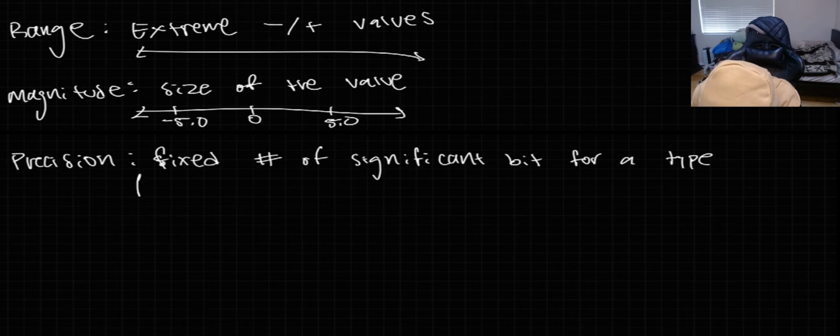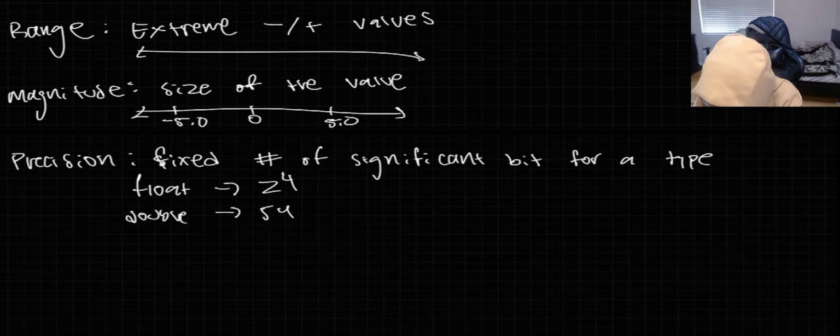A float is 2 to the power of 23 and 2 to the power of 24. And then a double is 53, I'm pretty sure. It is what it is.